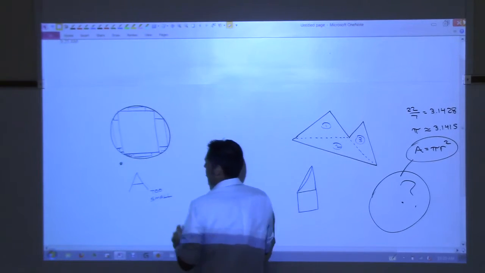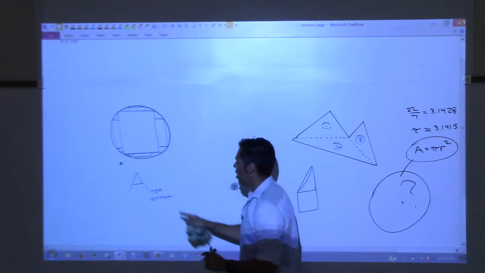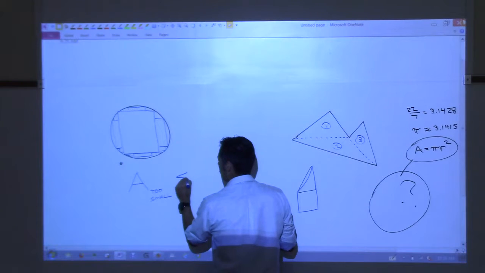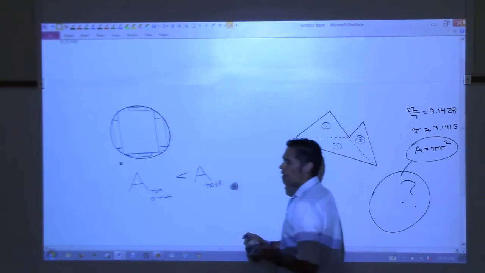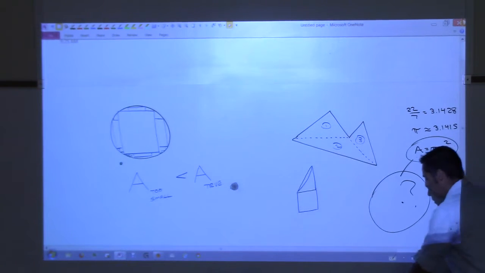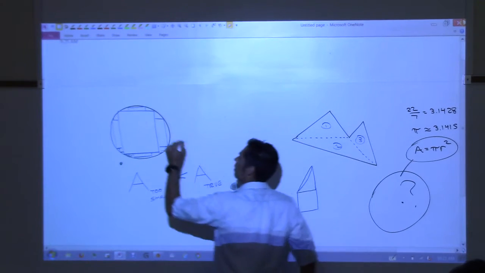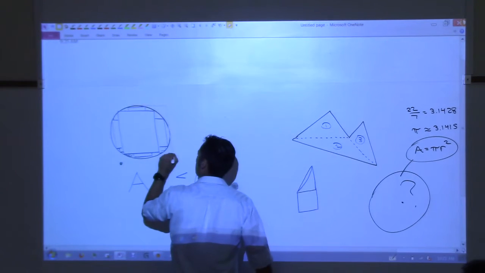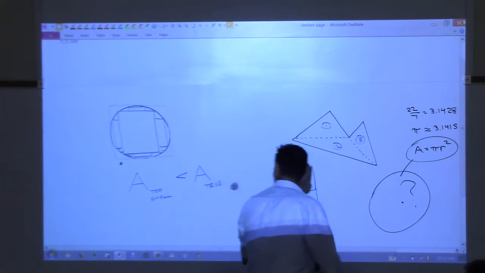That's just to remind you that came from adding up these rectangles inside. That area is obviously smaller than the true area, right? The true area is bigger than that. So then what they would do is they would take that same circle and they would draw a square around it.